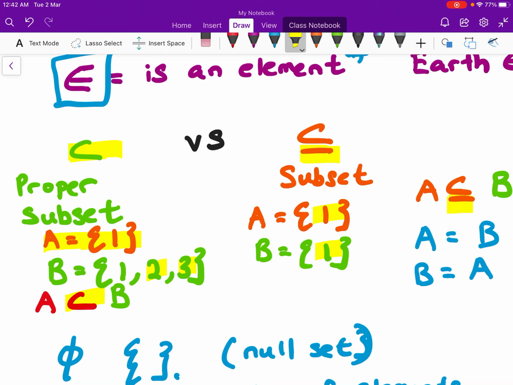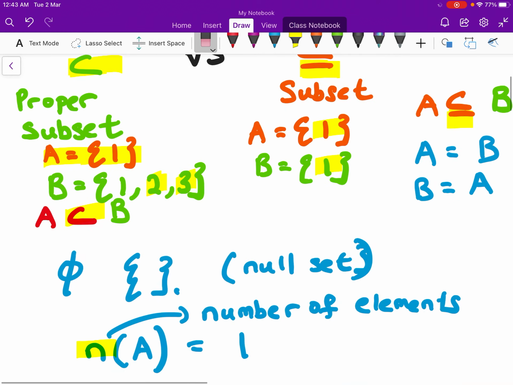I cannot write A is a subset of B. This is wrong, because whatever is in A is also in B, but whatever is in B is not in A, like our 2 and 3. So I must write A is a proper subset of B. Something to take note of.